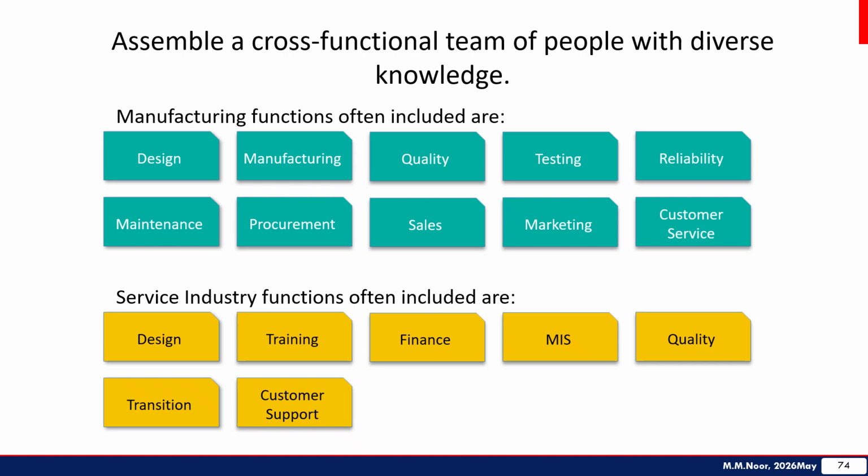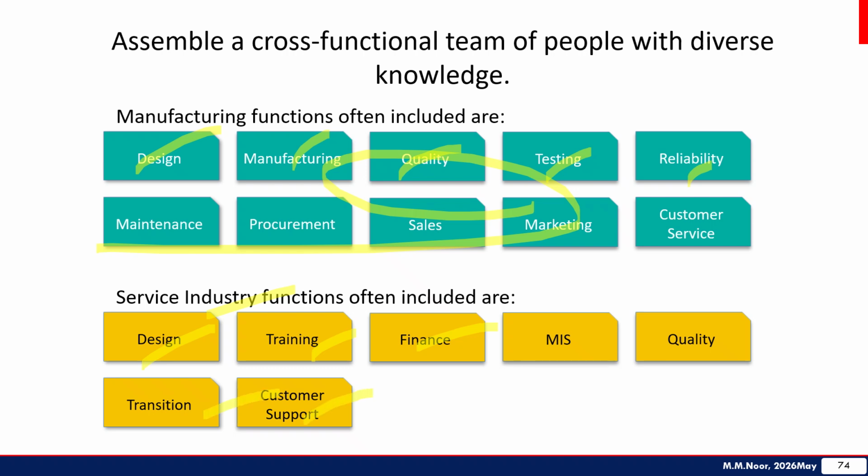For example, the cross-functional team for the manufacturing function: design, manufacturing, quality, testing, all these people need to be in the team, or maybe we can select the ones who are most reliable and most pointed to the processes. Service functions, for example design, training, finance, quality, and all this.